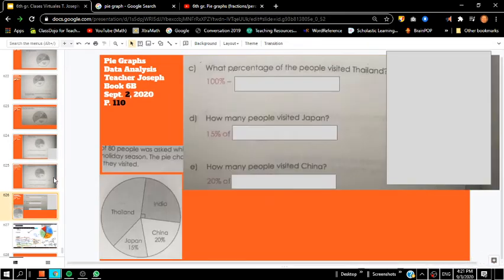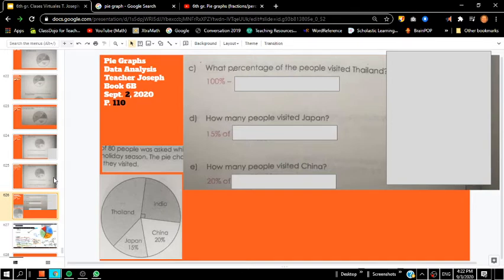And then letter C, which I remember explaining before, but which percentage of the people visited Thailand? Well, if we take a look at the other percentages that we have, like 25, 15 and 20, all we do is subtract those percentages from 100 to get our missing percent, which is Thailand. Okay, letter D, how many people visited Japan?